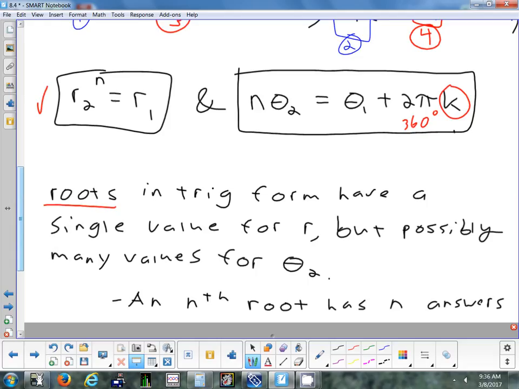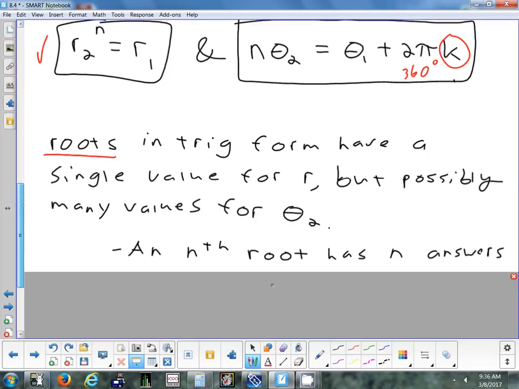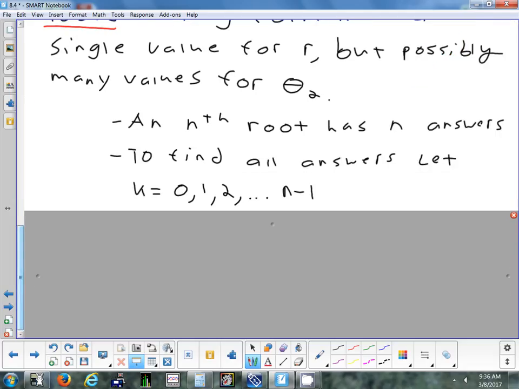There's your 3 answers. If you were finding 4 answers, what would you plug in for k? 0. Yep. 1, 2, 3. There's your 4 answers. So notice you're always 1 less than the root. 4th root, 0, 1, 2, 3. There's your 4 answers, because you're starting at 0.